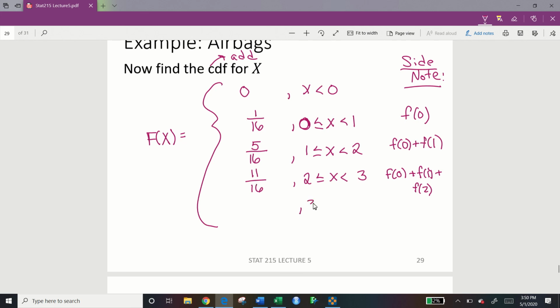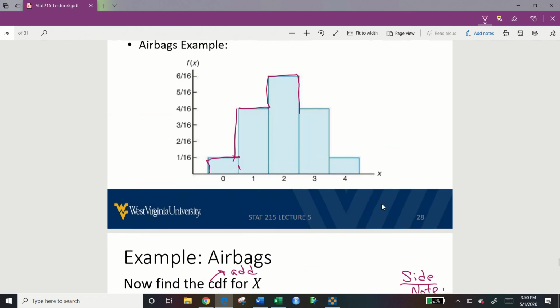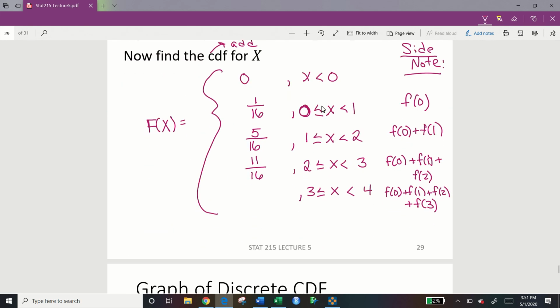We now have from 3 less than or equal to x less than 4. It's going to be f of 0 plus f of 1 plus f of 2 plus f of 3. So 1/16 plus 4/16 plus 6/16 plus 4/16. That is going to equal 15/16.